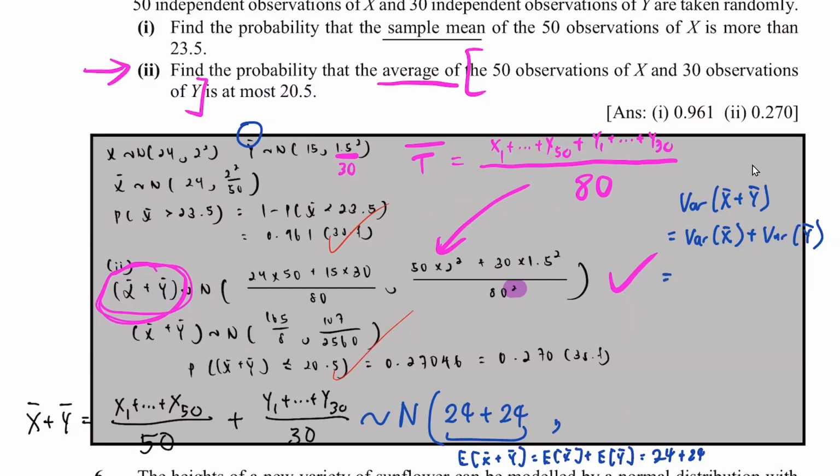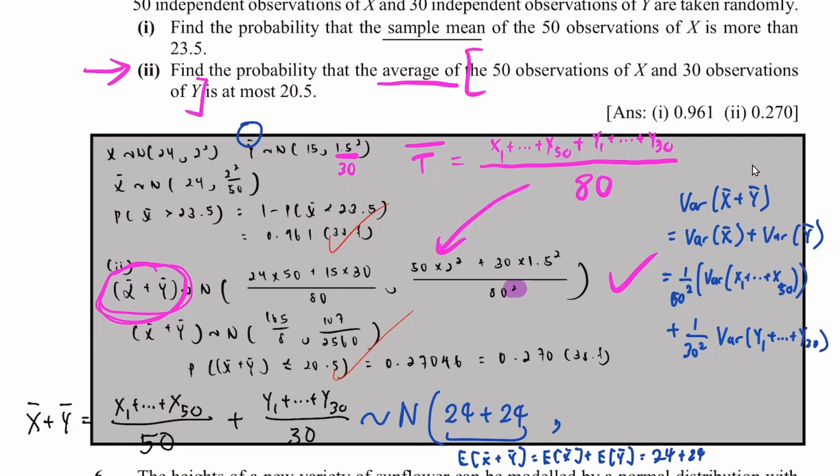From there, we can factor out a 1 over n square, and then we take the variance of the sum from x1 up to xn. In this case, n is 50, so it's 1 over 50 square, then the variance of the sum. Plus the variance of y bar, we do the same thing. So it becomes 1 over 30 square times the variance of y1 plus y2 all the way to y30.